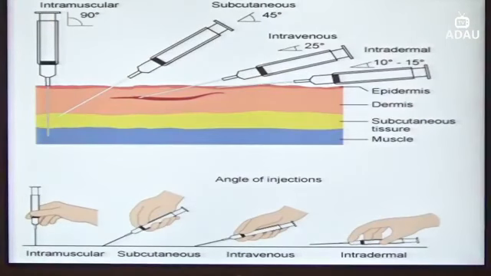And here, a very important moment. Finally, I would like to talk about intramuscular, subcutaneous, intravenous, and intradermal injection. Each has a special position and a special angle of injection.